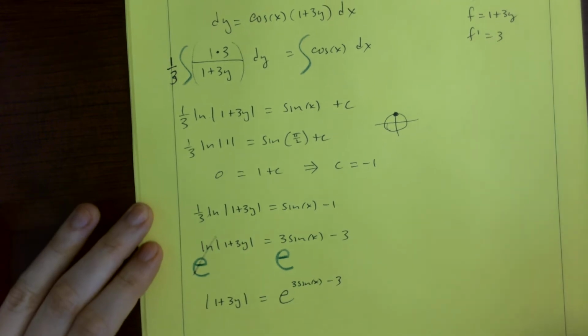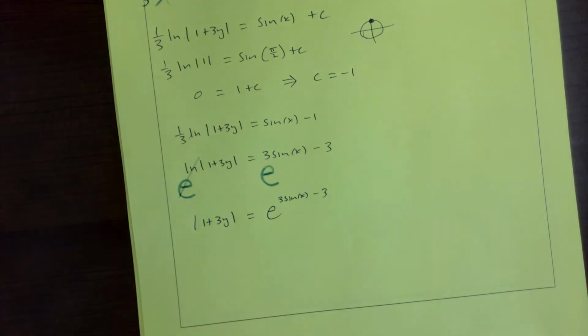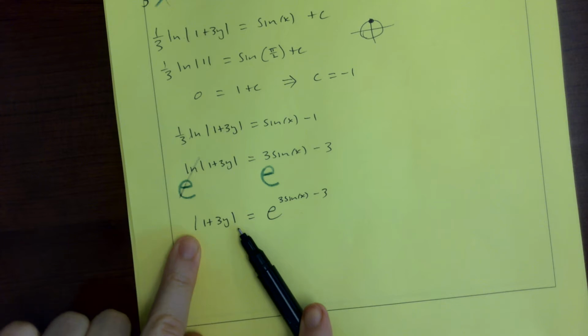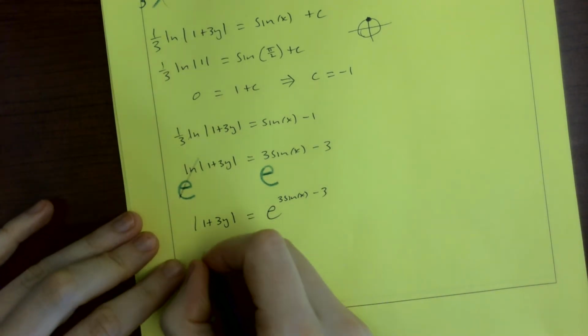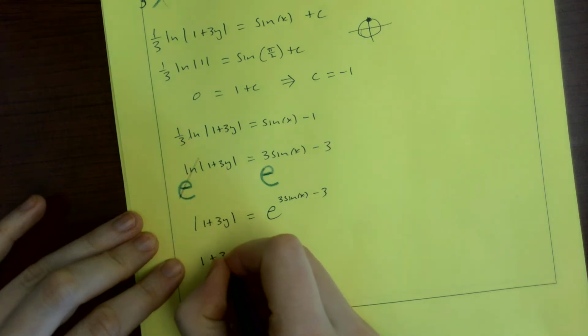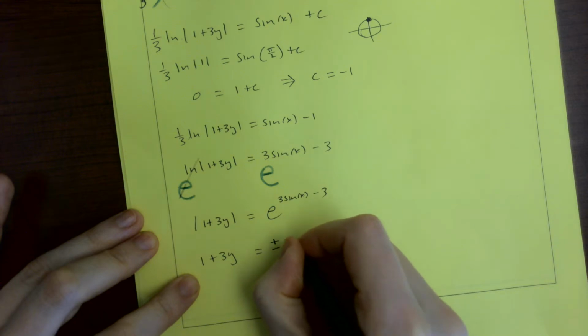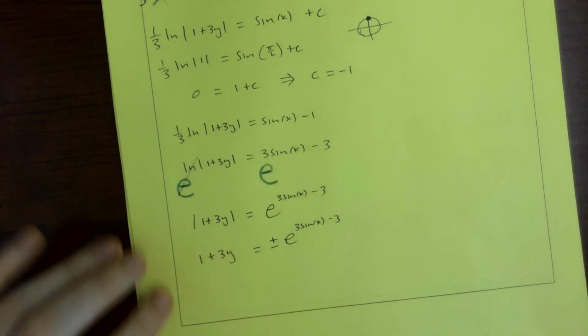Okay, now, another thing that we did do last year, just so you know it's not completely new, is we've got to get rid of the absolute values. So to get rid of absolute values, you just do plus or minus on the other side. So I can drop the absolute value bars if I say plus or minus e to the 3 sine of x minus 3.